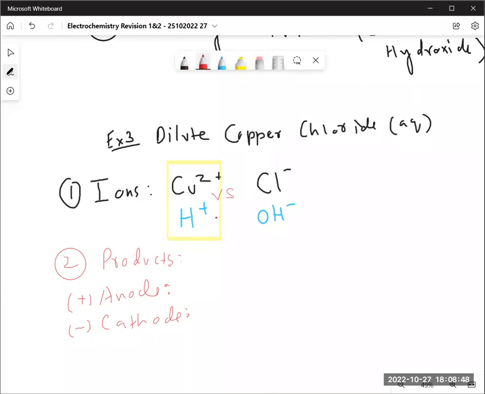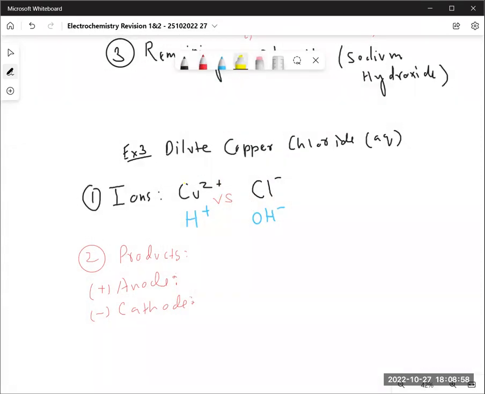We know that at the cathode, the less reactive one forms. So it will be Cu2 plus, which gives us Cu. And how many electrons should I add? Two electrons.